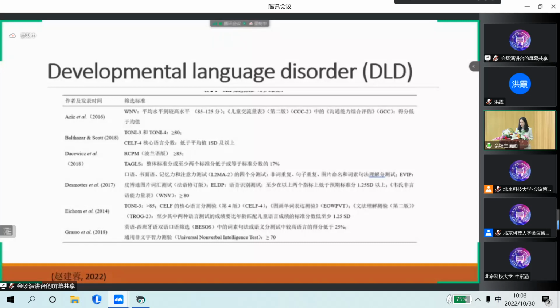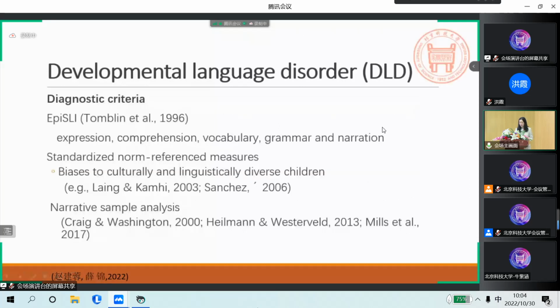Based on the 5 dimensions, researchers will define each dimension. There are some criteria, specifically the standards of 1 or 1.25 standard deviations below the mean of the grade norm, that might be defined as the impairment in that aspect, or in one or more aspects of the 5 dimensions.